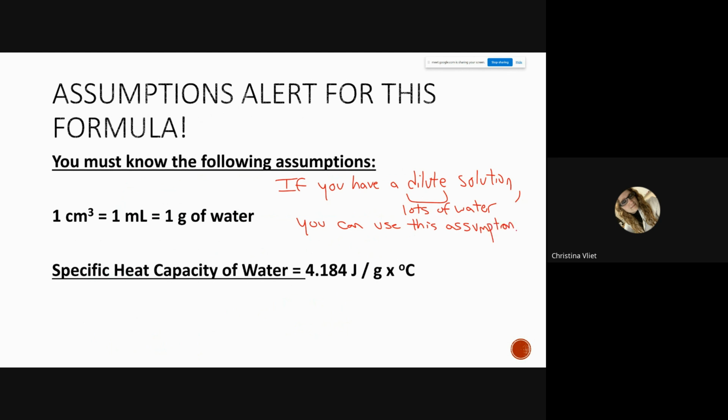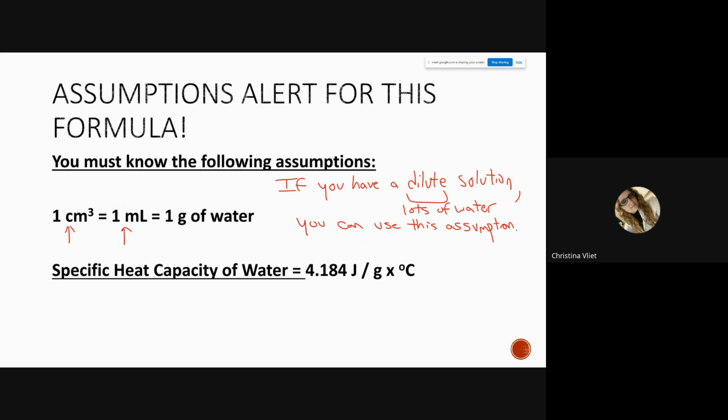First thing, in all of the math questions you're going to be given, you have to assume that you have a dilute solution. It turns out that 1 centimeter cubed is the same thing as 1 milliliter. In America, we read milliliters. In international, we read centimeters cubed.